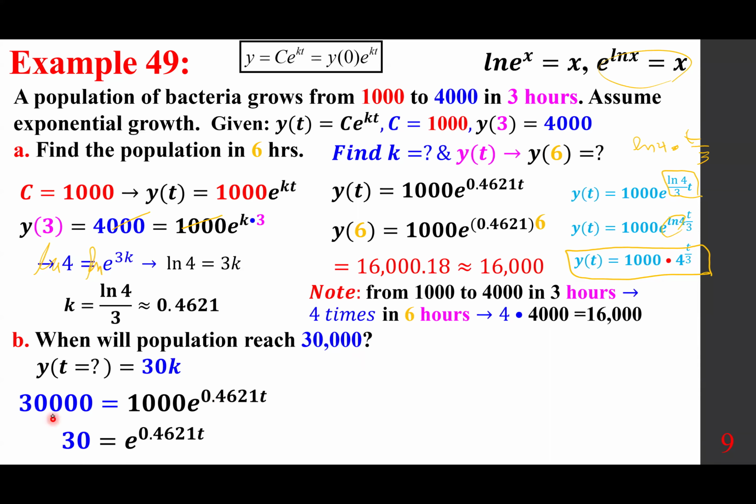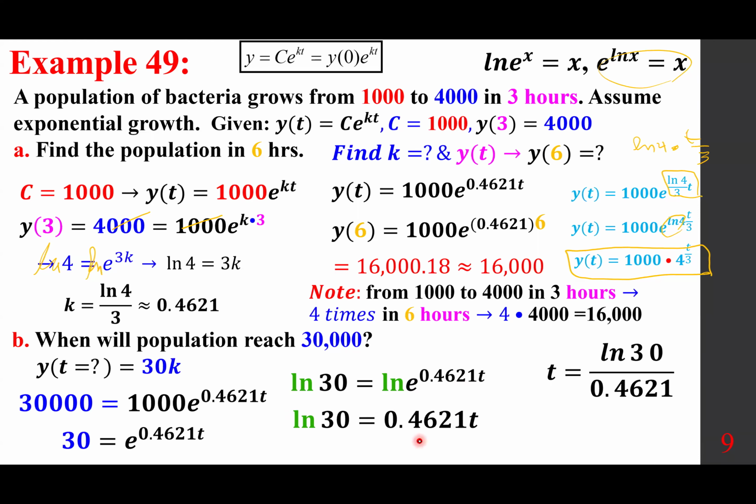So you get 30 equals e to the power 0.4621t, and we're going to take a natural log of both sides. Left side becomes ln 30, and the right side, ln of e to the power 0.4621t, it just remains the exponent. And therefore, t is the left side, ln of 30 divided by this number, which is 0.4621.